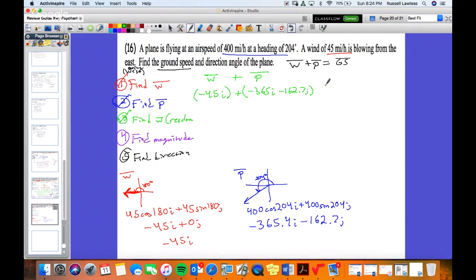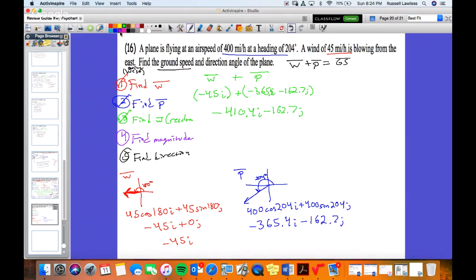If there is no j, when you do the 0 plus negative 162.7, you're just going to get negative 162.7 again. But when you do negative 45 plus negative 365.4, you'll get negative 410.4i minus 162.7j.